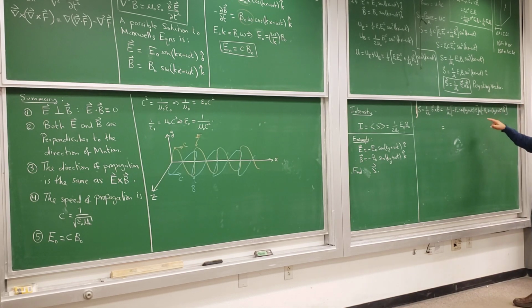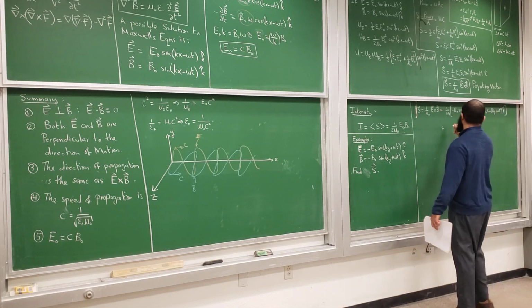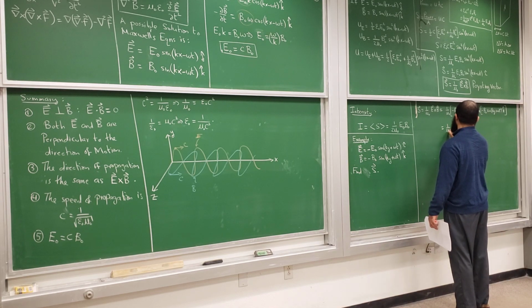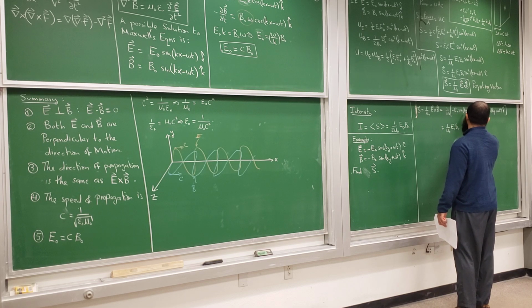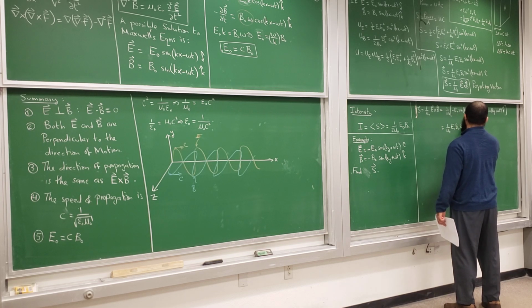Minus E naught times minus B naught is just E naught B naught, right? So we get 1 over mu naught E naught B naught, and then sine times sine is sine squared.